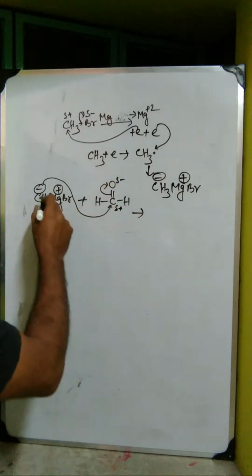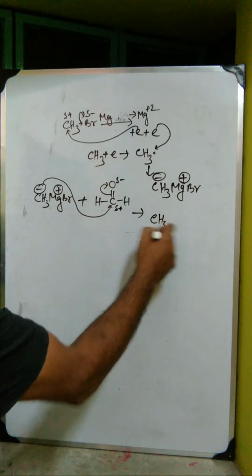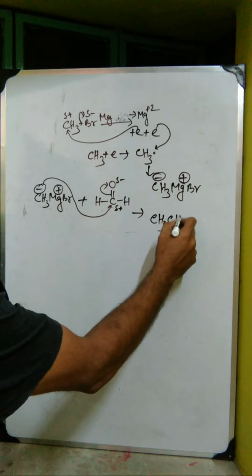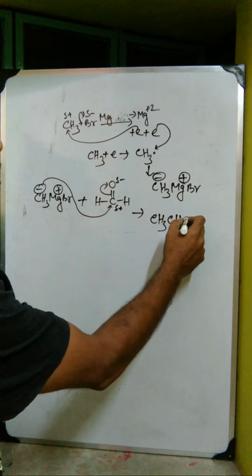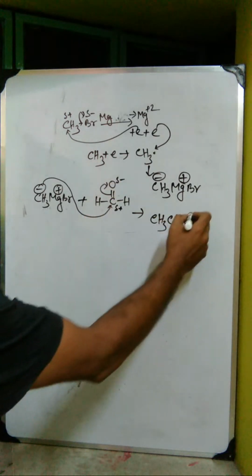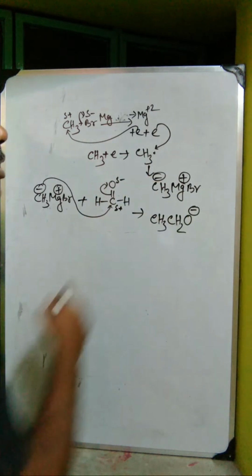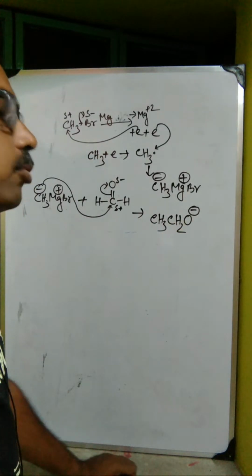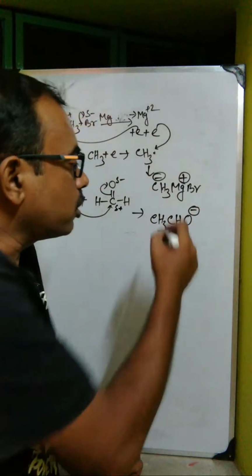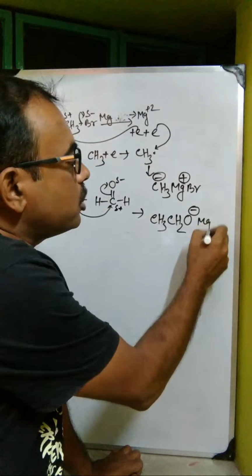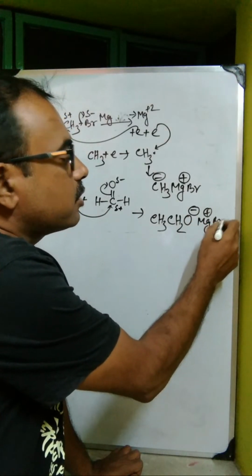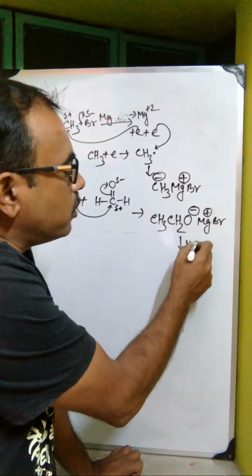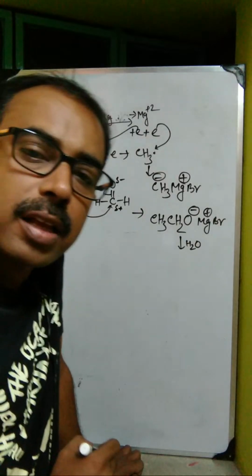The product is CH3, which comes from methyl magnesium bromide, then this C with two hydrogen atoms, CH2, with a single bond to oxygen, and oxygen here has a negative charge as the pi bond is shifted over this oxygen atom. Now this negative charge is neutralized by Mg plus Br, so this compound is formed. Now when water is added to it, water dissociates into H plus and OH minus.